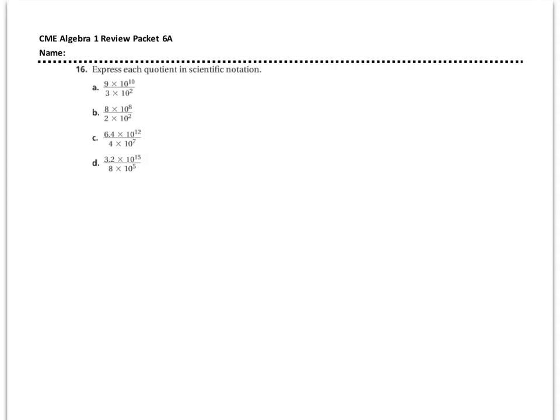So apply that rule. 16, express each quotient in scientific notation. So let me do A. So we have 9 times 10 to the 10th and 3 times 10 to the 2nd. So we have 10 copies of 10 upstairs, and then downstairs we have 2 copies of that.